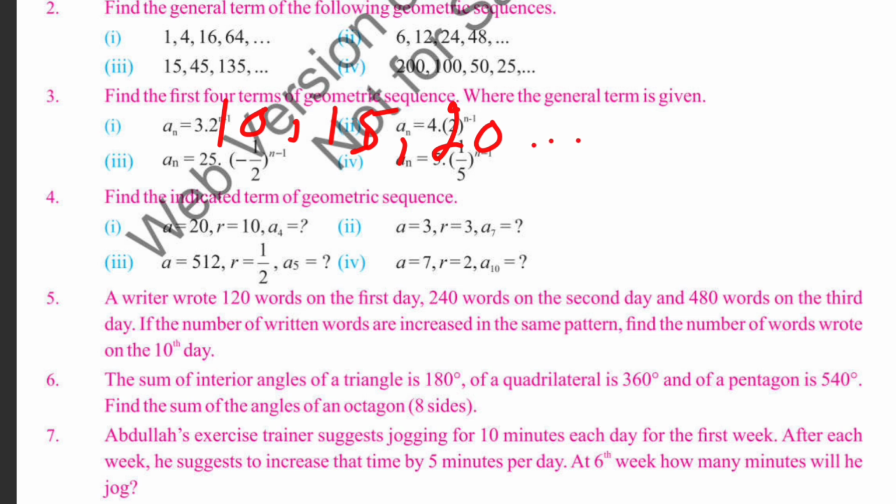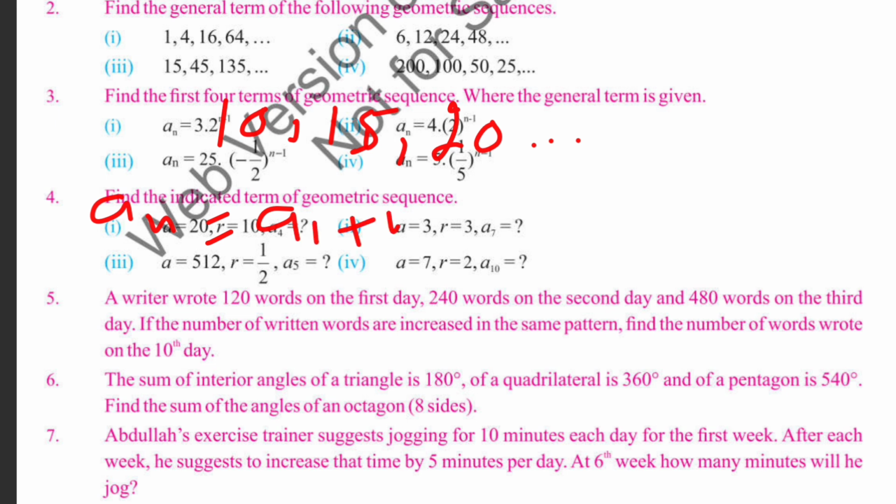Okay, and so on. The sixth term we find. This is an arithmetic progression because we use addition, and a geometric progression uses multiplication and division.